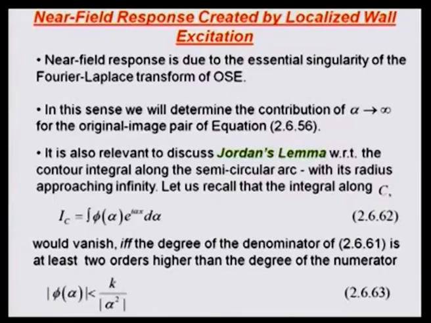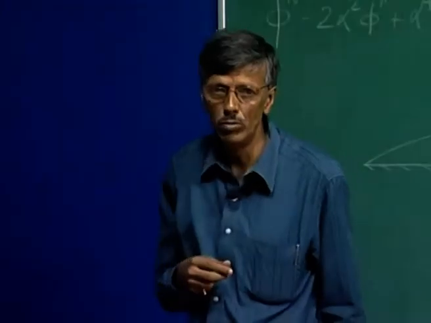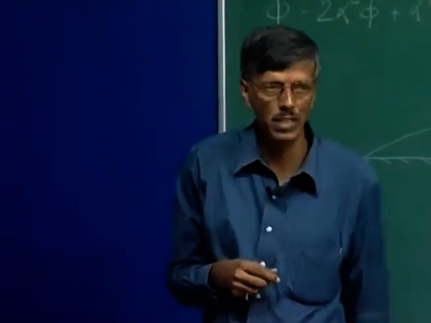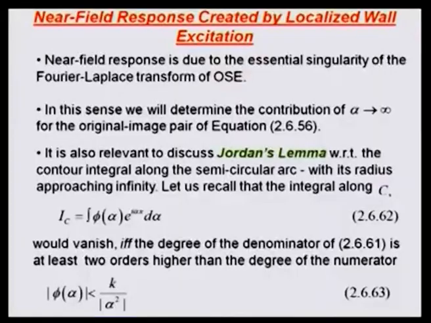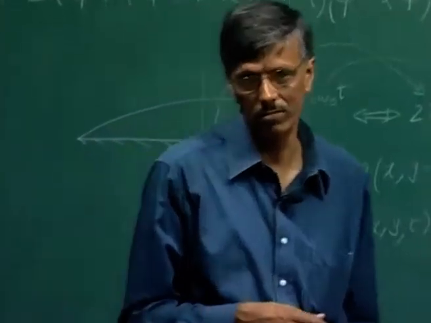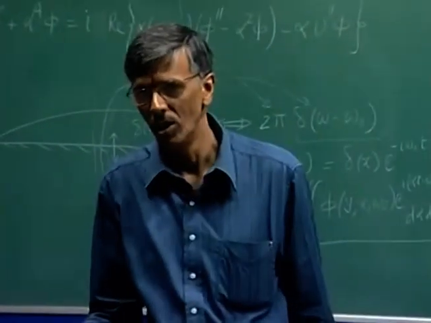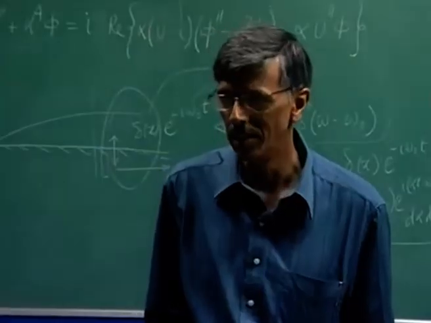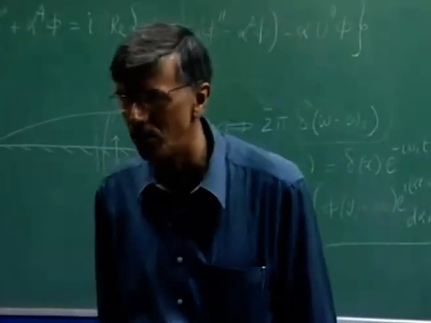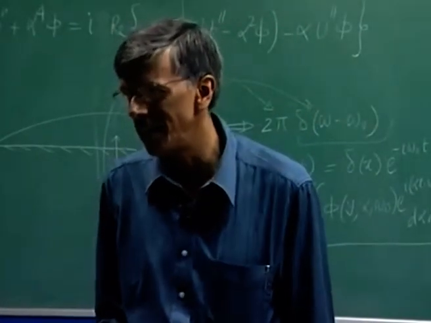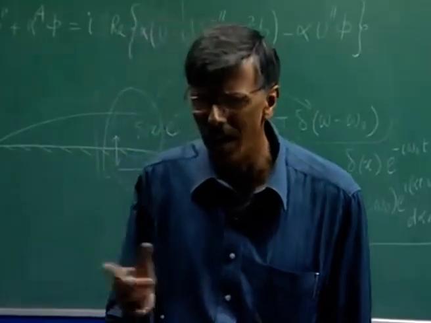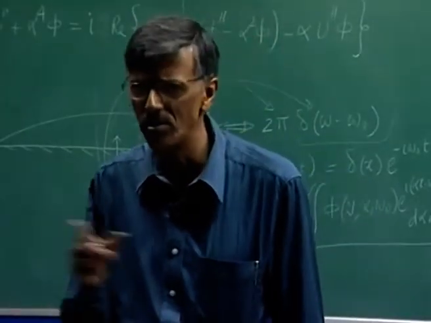Okay. Now, I already said that the near field response that we see is due to the alpha going to infinity point, and what is that called? That is called the essential singularity, that you have done in your complex analysis course, right. Like if I talk about e to the power z or sin z or cos z, they are not defined when z goes to infinity.